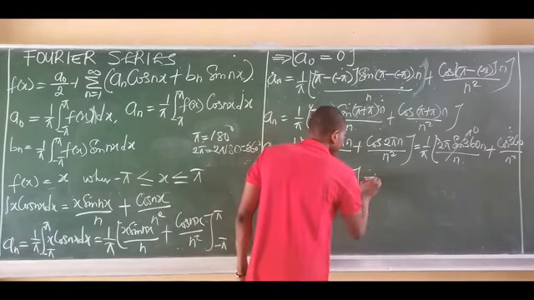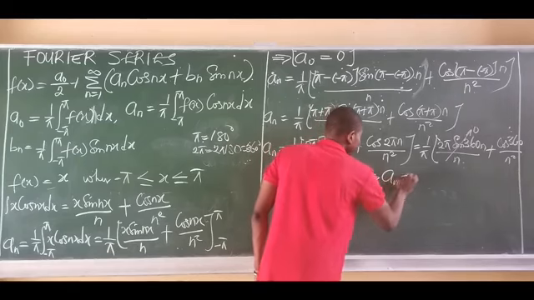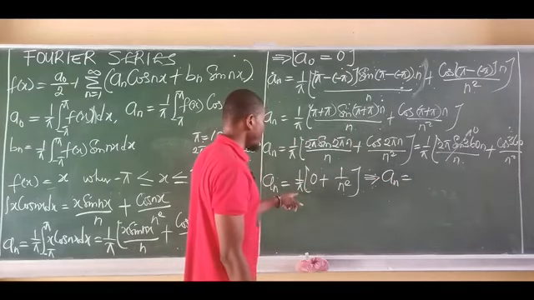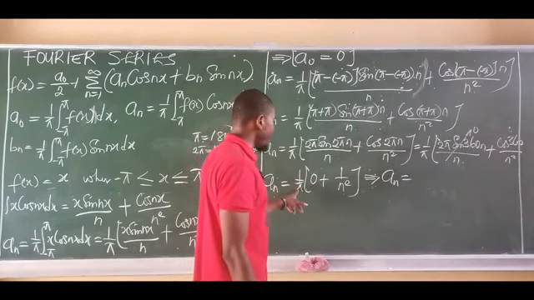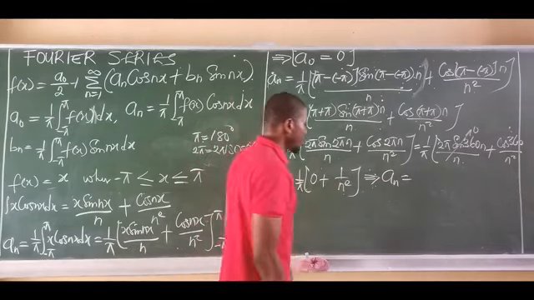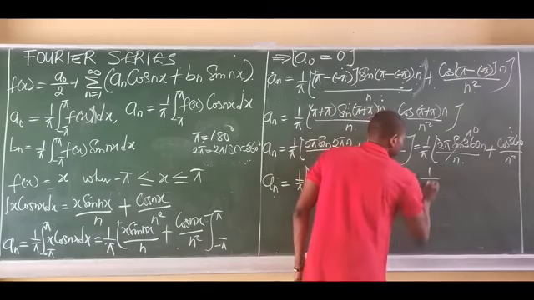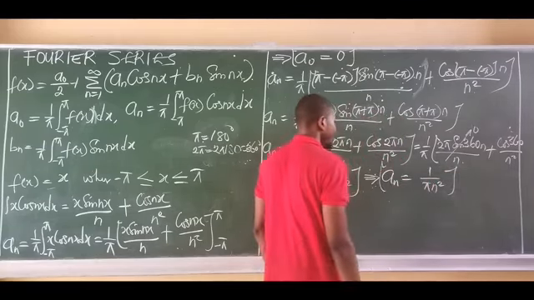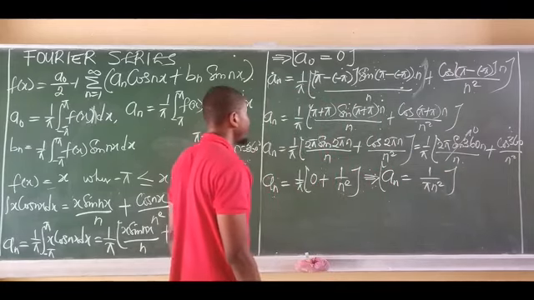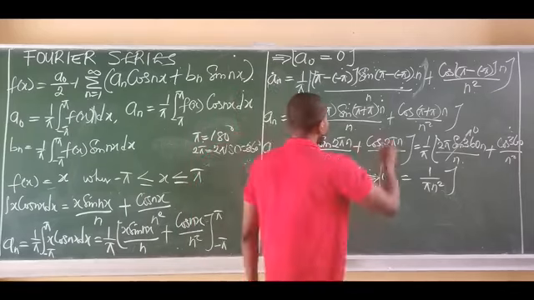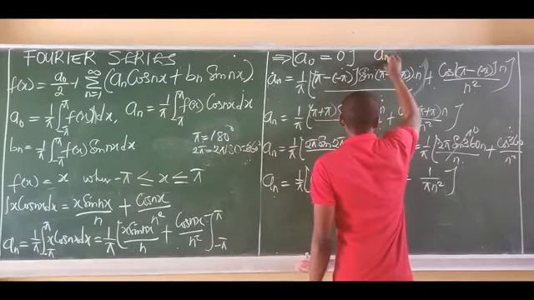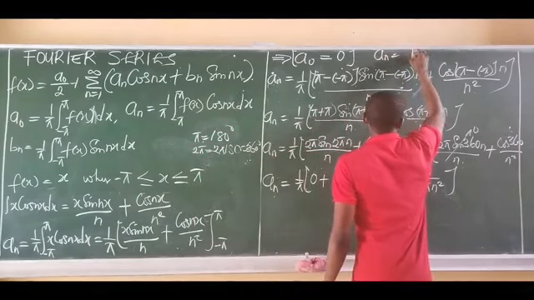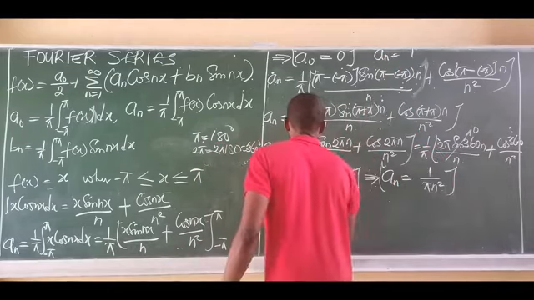So this simply implies that an is equal to, remember there's 1 over pi here, so 1 over pi multiplies 1 over n squared. This gives us 1 all over pi n squared. So the value of an for that function is simply 1 all over pi n squared. So let's put it here. An equals 1 divided by, I can take this off now.